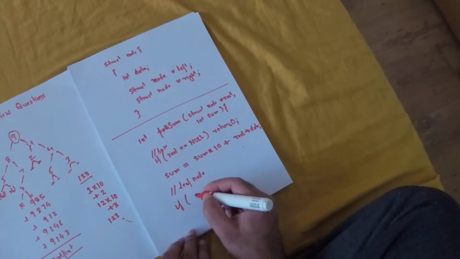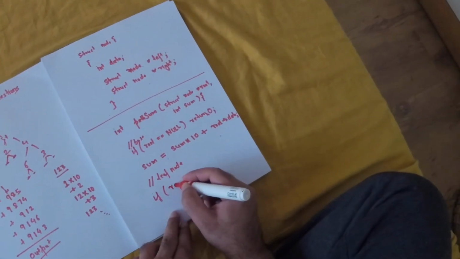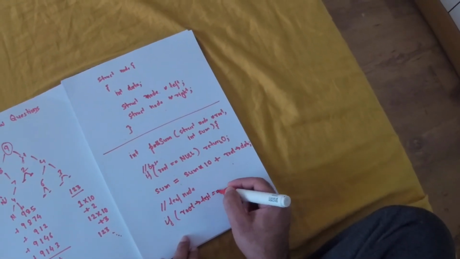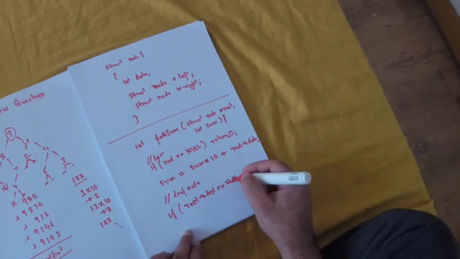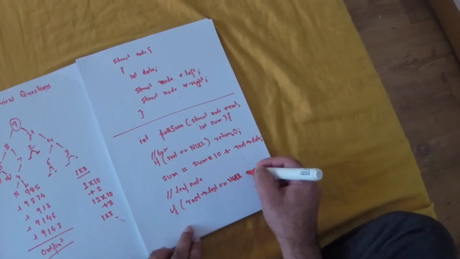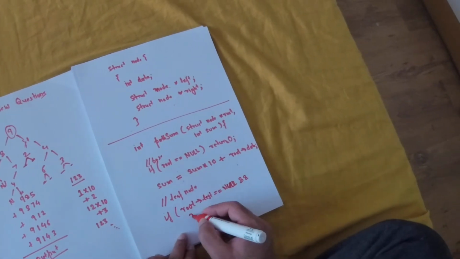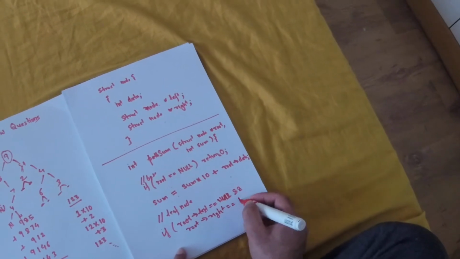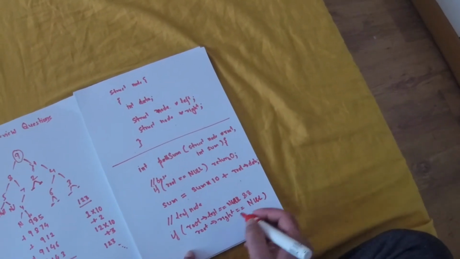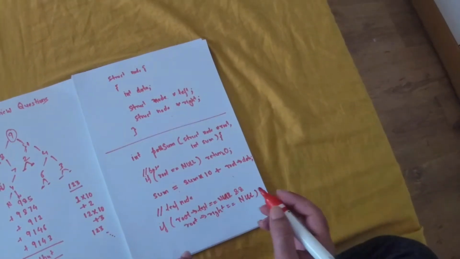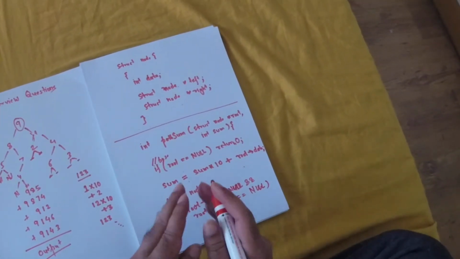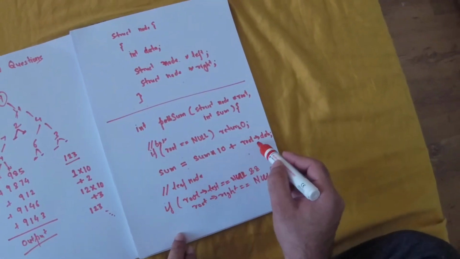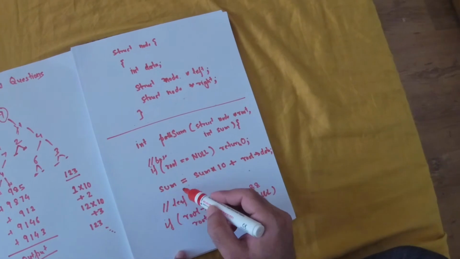So if root left is null and root right is also null, then it's a leaf node. So our sum is complete because we have already added the current value here.